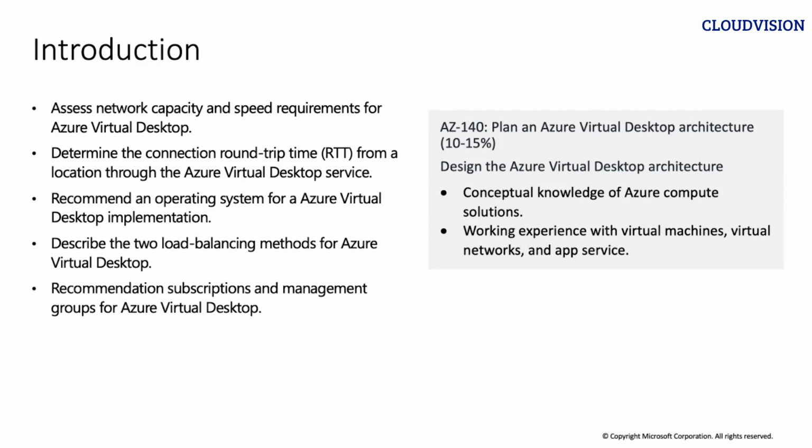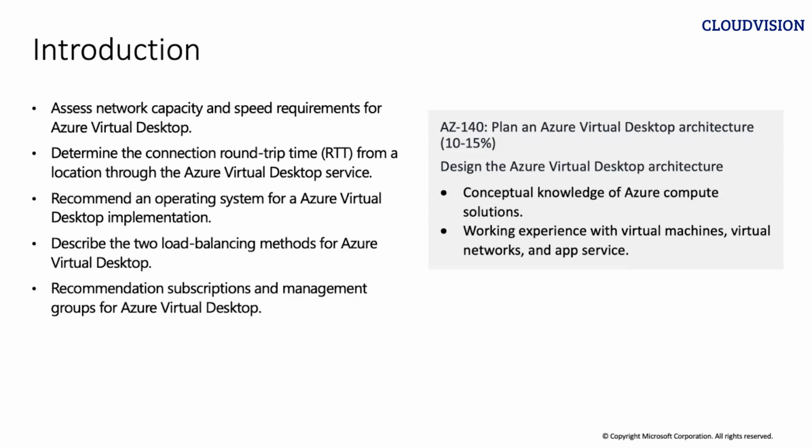So what is more important for us? Being an admin, what is important for us? Being an admin, it becomes our responsibility that the network planning, connectivity, bandwidth, everything should be worked out. All right.